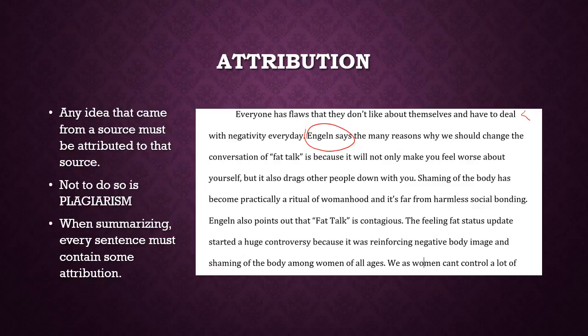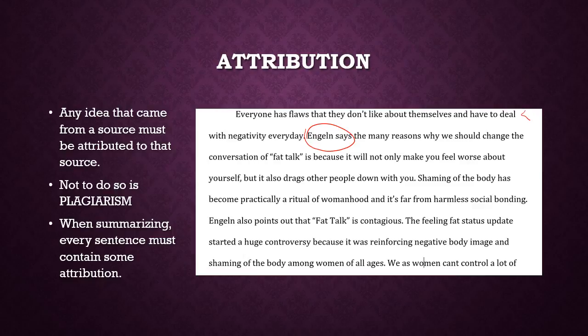This is attribution. She's still talking about this same source. She's summarizing, so she doesn't need a citation. She just needs to provide an attribution. If you have very specific details, like in the previous slide with the data, then you need a citation. But this is just an idea that came from Angelin.